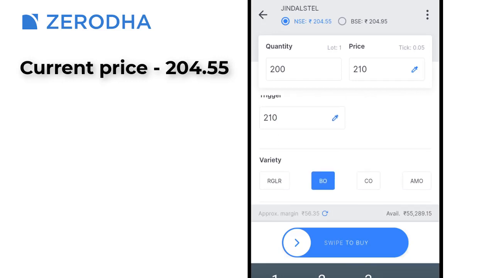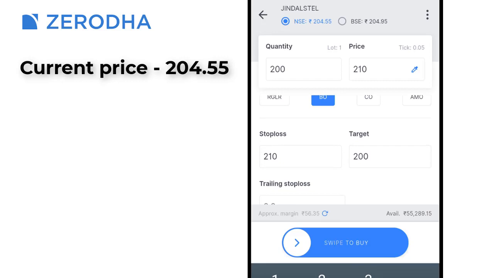Next, bracket order, the stop loss and take profit. Again, we are buying the stock, so the stop loss and take profit are the same as I explained before. When we are buying a stock, the target always comes above, so we make profit when the price gains in a buy order. So now 210 is there, and I want to exit the market with profit if the price is 220.